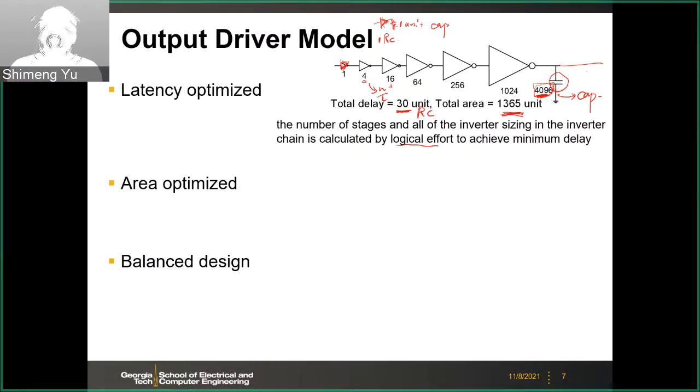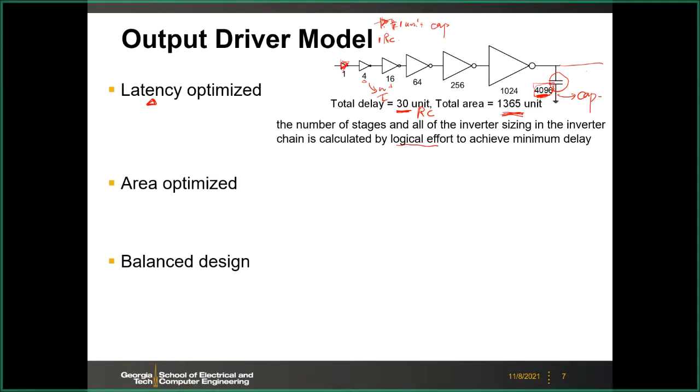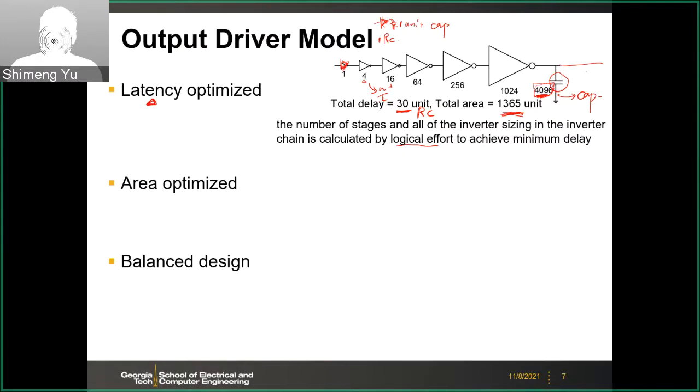This is latency optimized. Of course, if you drive SRAM, then you may choose a latency optimized design. But for other memories, like NAND flash and some emerging memory types, because the latency is slow anyway, then you want to optimize for the area, for the density, or cost.